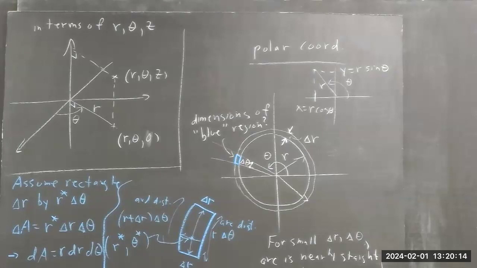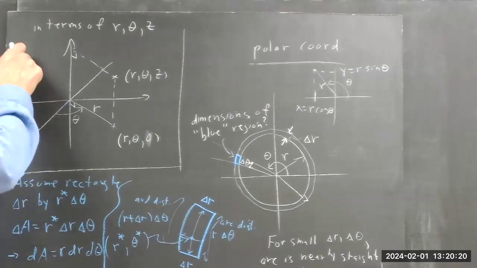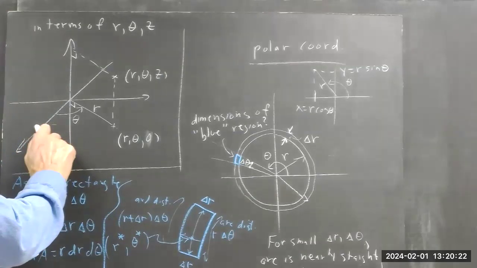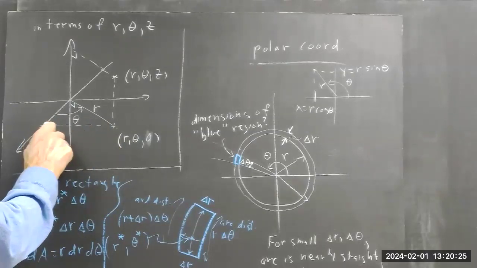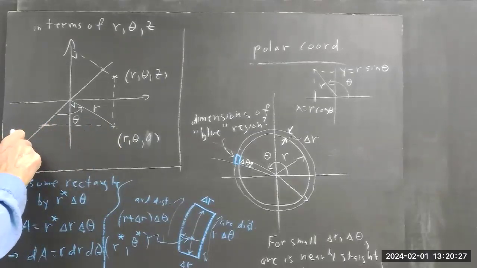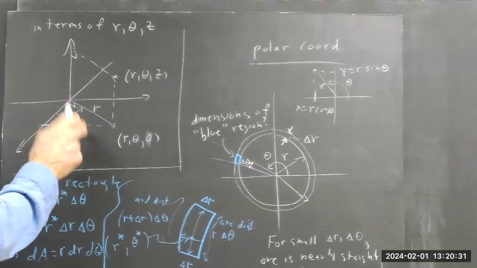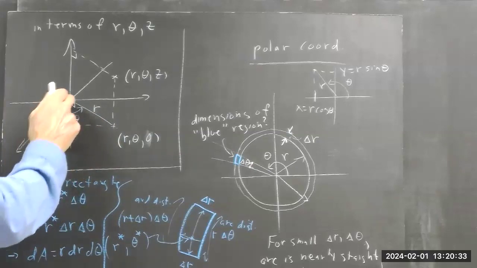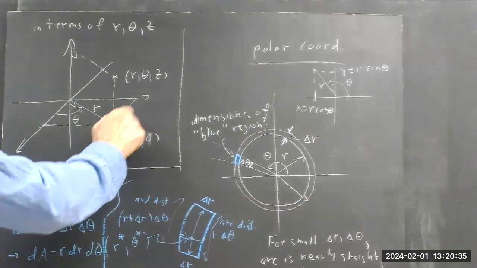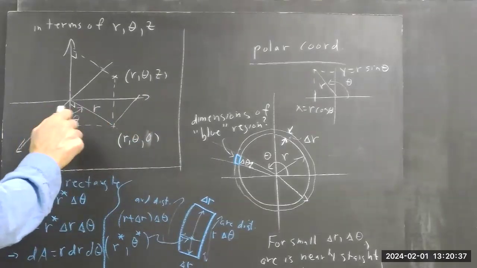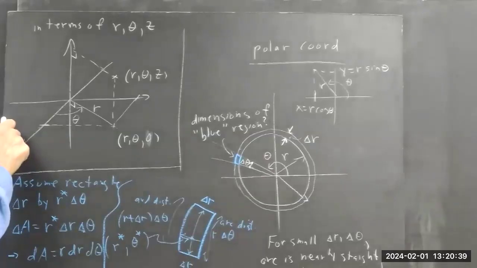So the same is true over here. We can draw it. Here's X, and here's a right triangle. Theta's here. This side is R sine theta. This side is R cosine theta. Just looking at this triangle.